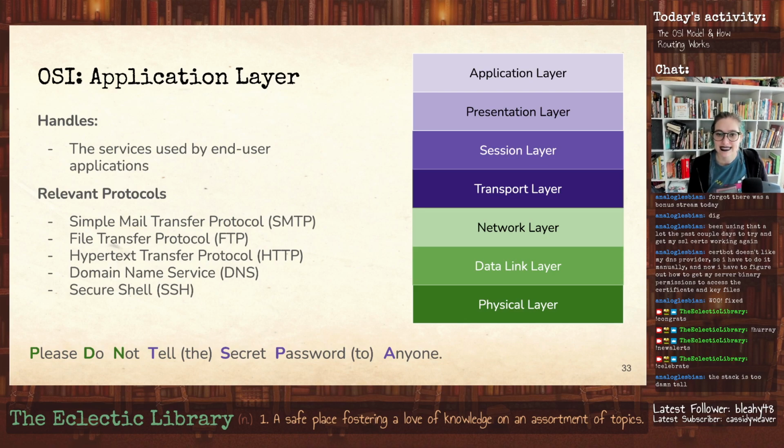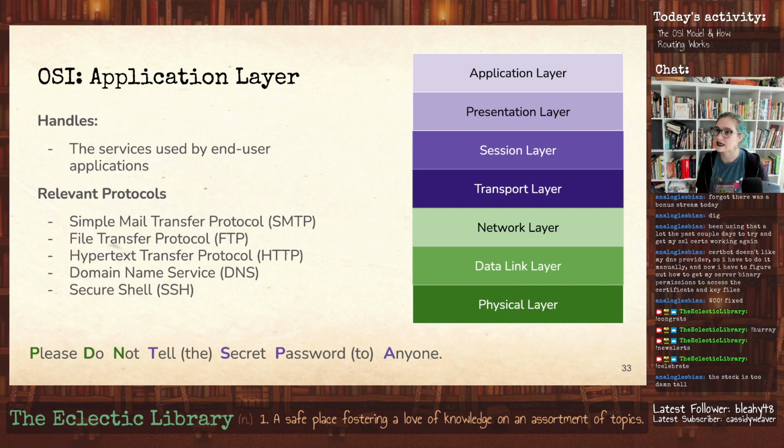So that's going to be the Simple Mail Transfer Protocol, SMTP, which is how you send email. That's going to be File Transfer Protocol, which is how you send files. HTTP is going to be at the application layer, which is how you use web browsers. Domain name service is going to be handled at the application layer.